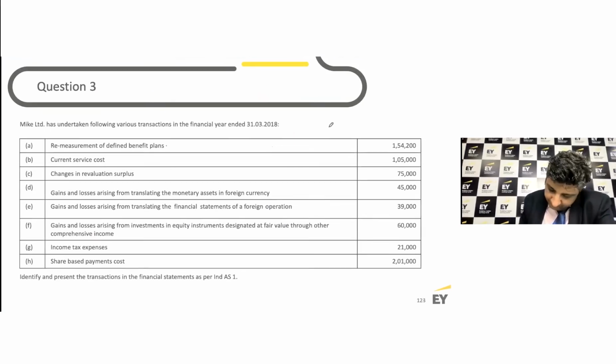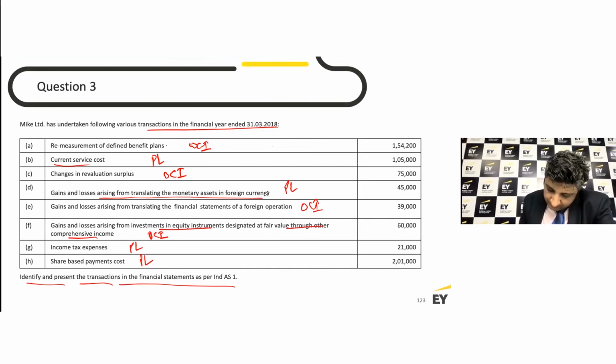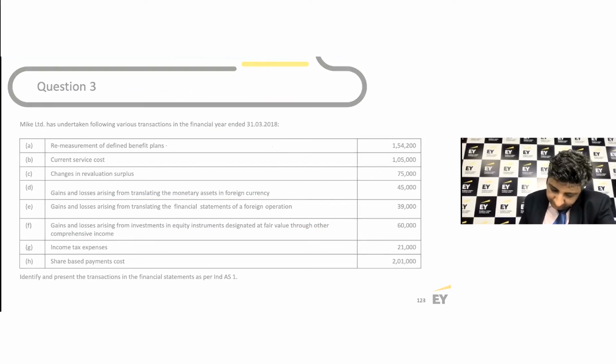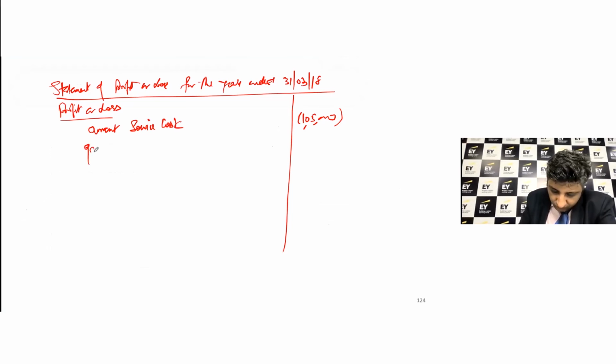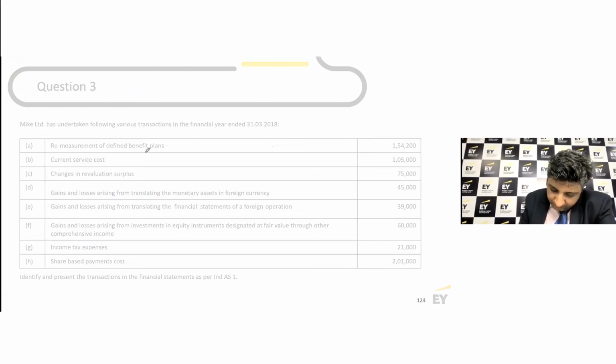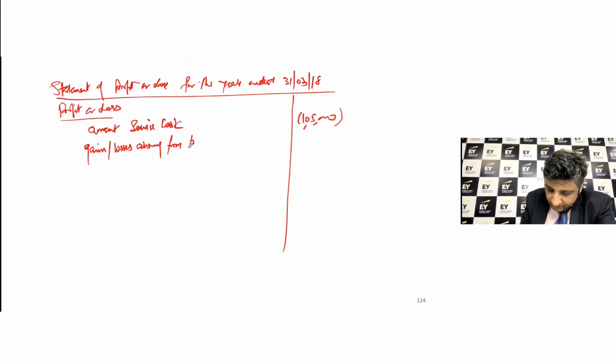And then we have monetary items, 45,000, gains and losses. So we don't know whether it's a gain or loss arising from translating monetary items. Let's assume it's a gain.